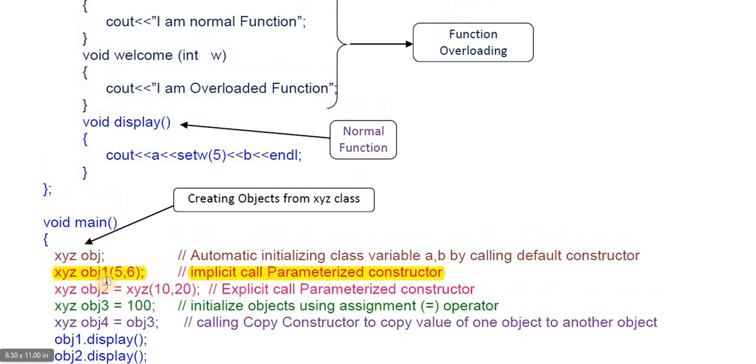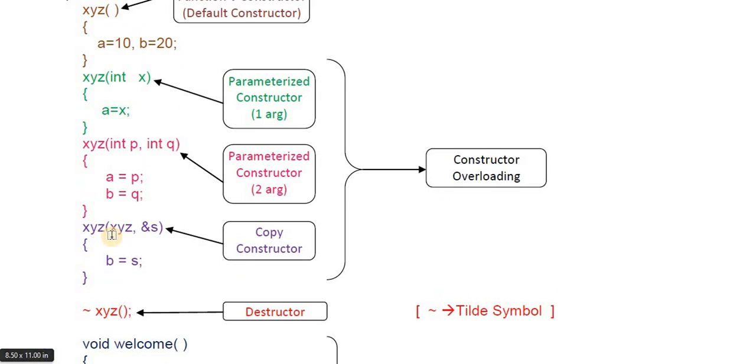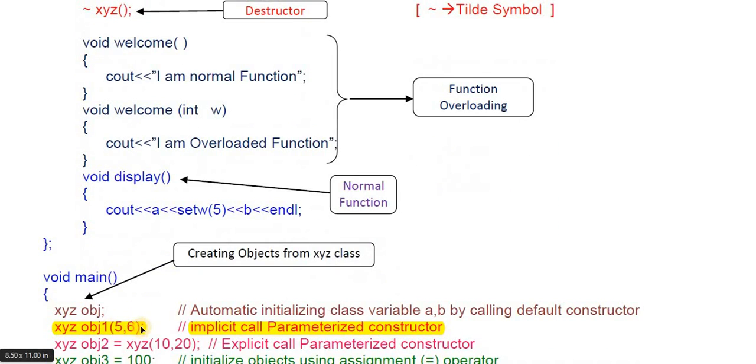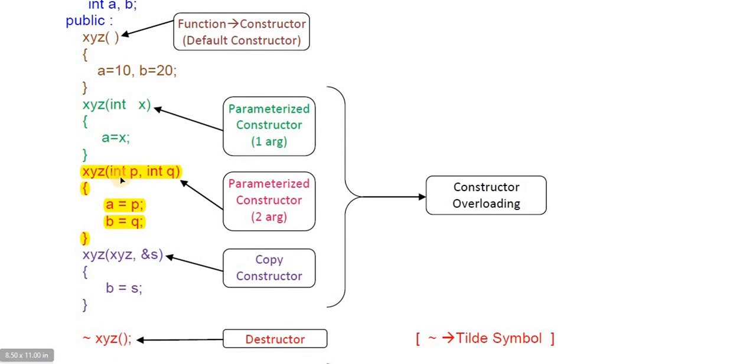So which constructor is called? This one, because we are passing two values, 5 and 6. Two arguments means the two-parameter constructor is called: XYZ, integer P, integer Q. Automatically 5 will be copied into P and 6 into Q. Now A will be 5 and B will be 6.